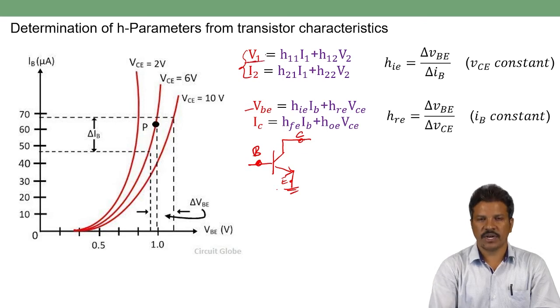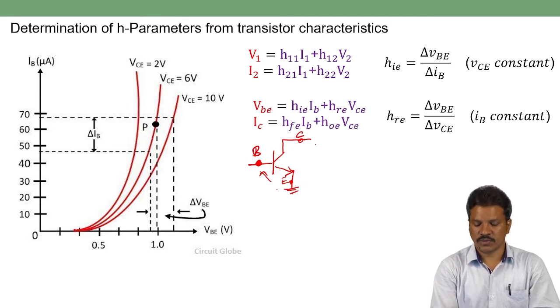Here V1 represents port 1 voltage, the input voltage, so we can replace V1 with VBE, the input voltage of base with respect to emitter. H11 means input impedance, so we can represent it as HIE, where suffix E represents the common emitter configuration.